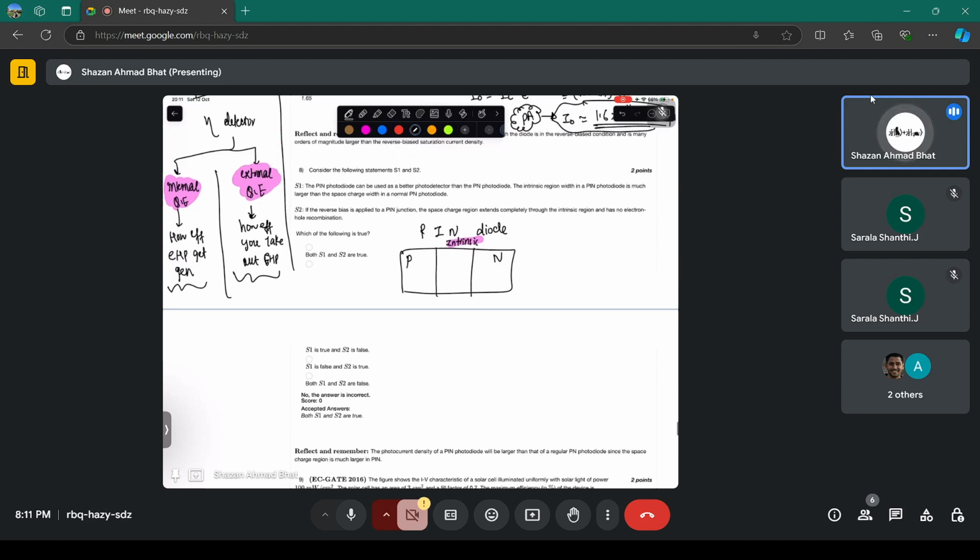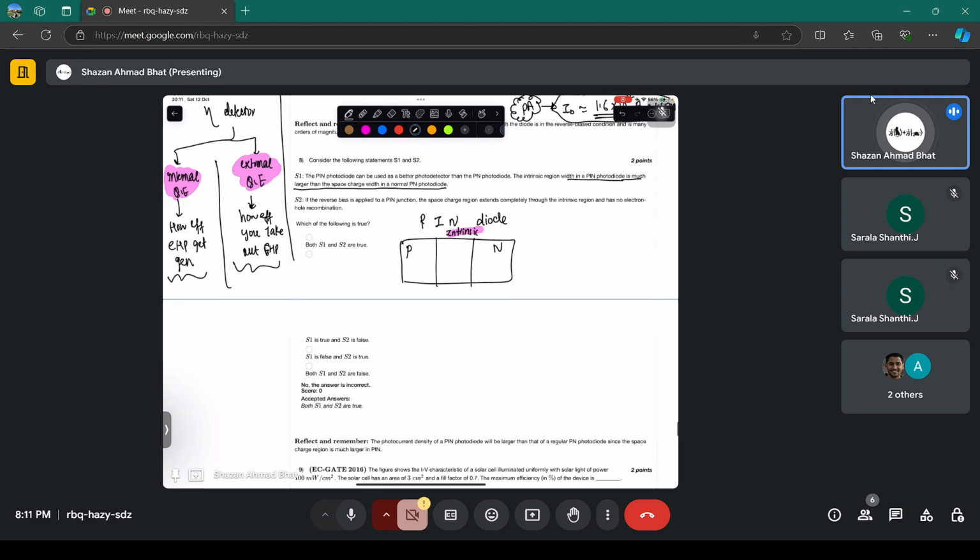What happens basically is that the intrinsic region width in the PIN photodiode is much larger than the space charge width in the PN diode. The first statement is saying that a PIN photodiode can be used as a better photodetector than a PN diode. And statement 2 is saying that if the reverse bias is applied to the PIN junction, the space charge region extends completely through the intrinsic region.